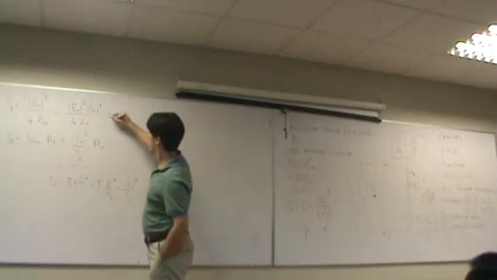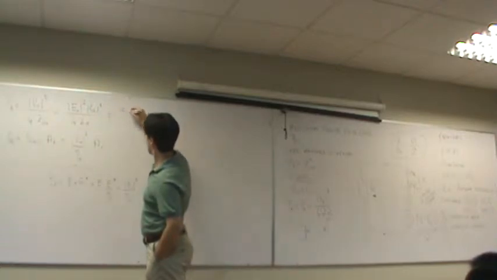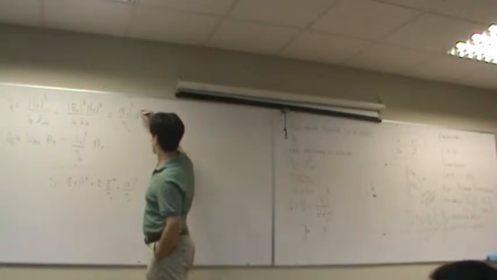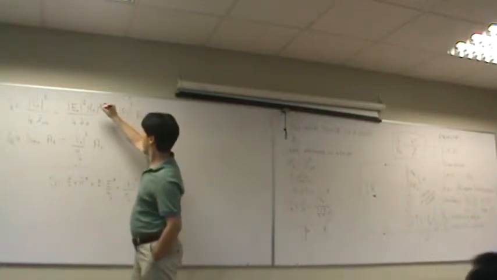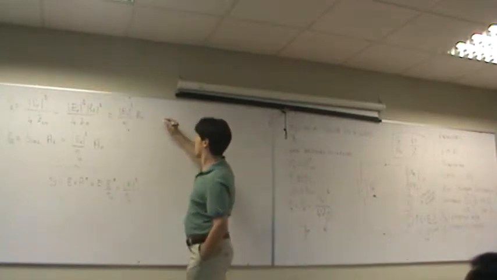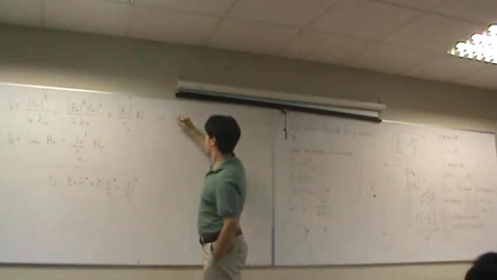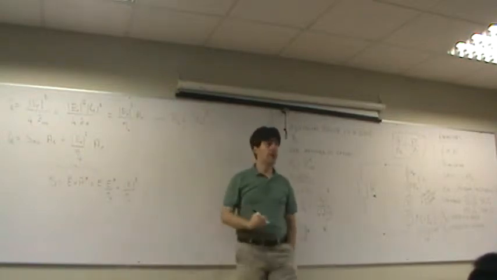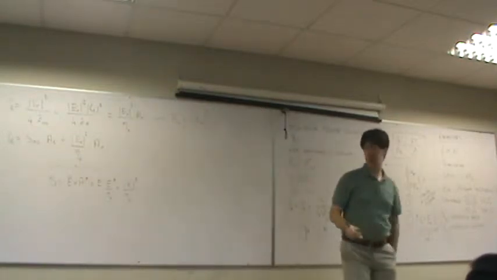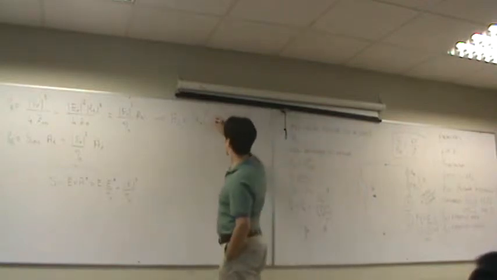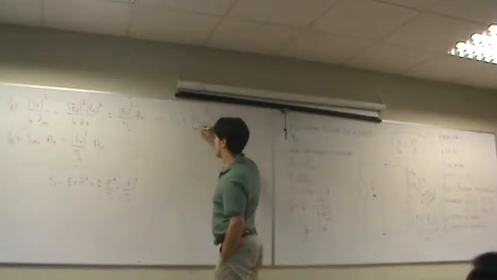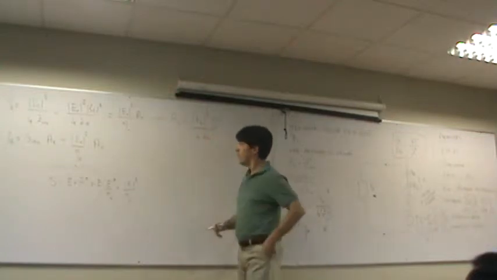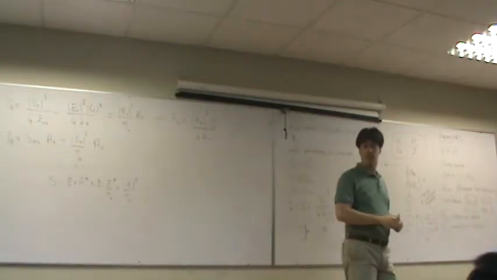So if we put them together, we find out that those things cancel and the effective area is equal to the effective length squared, but in a quite complex way.